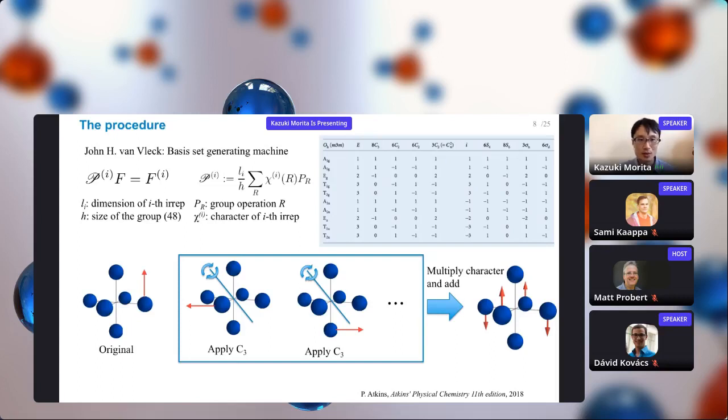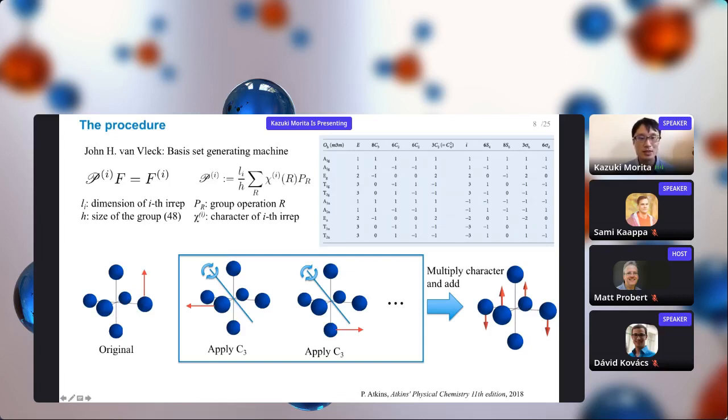The tool we use has already been used many times. It is not necessarily our original, but what people do is to use a so-called basis set generating machine. This has a feature that extracts the irreducible representation compatible part out of a function. It's basically like breaking a function down into a basis set.